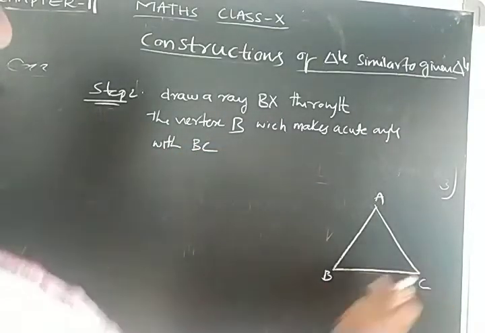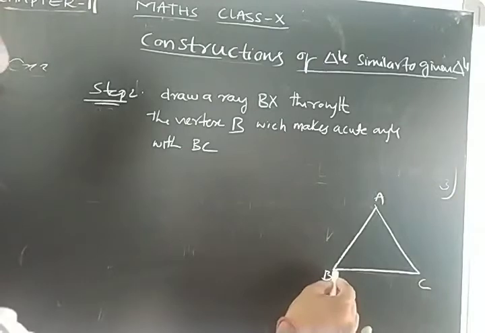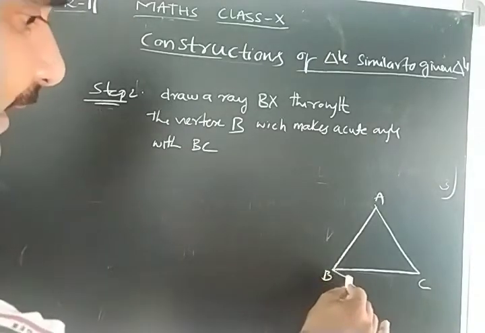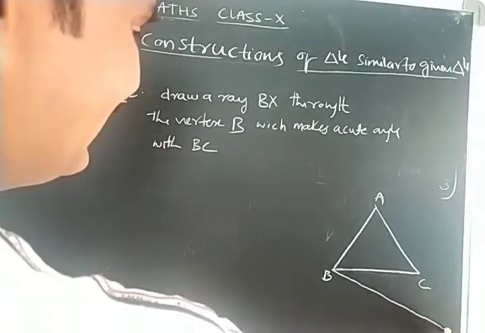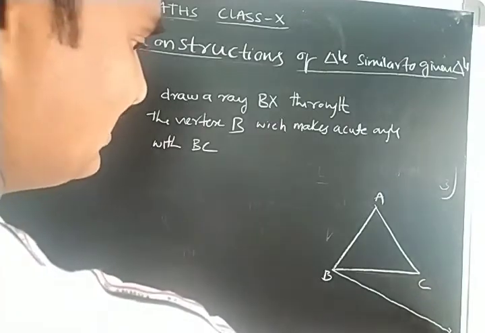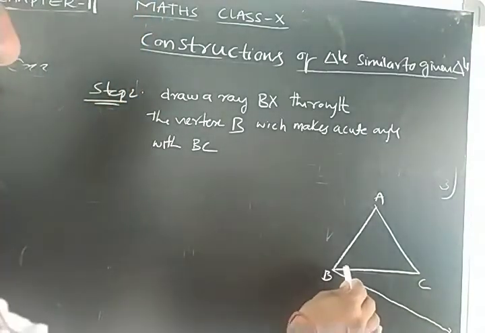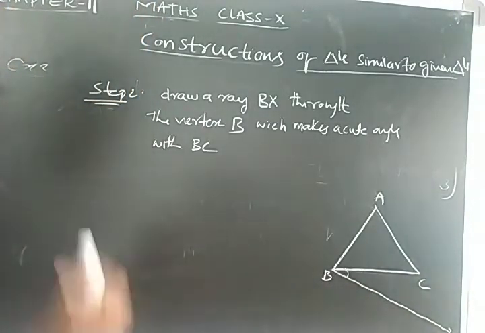Here we have the base BC of the triangle. Through the vertex B, draw a ray, denote this ray by BX, which makes an acute angle with BC, right?